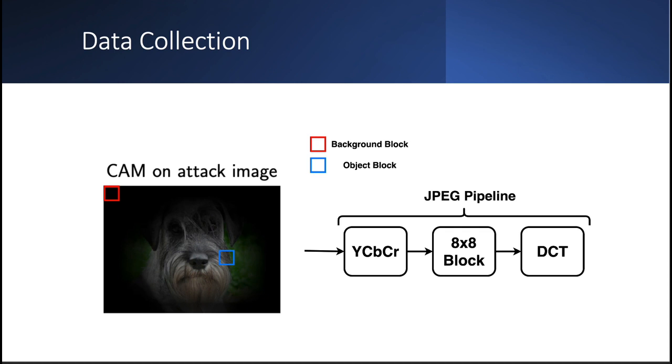For each targeted adversarial perturbation, we converted the RGB space to YCbCr, divided it into 8 by 8 blocks, applied a 2D DCT, and then flattened it into one dimension in zigzag order.